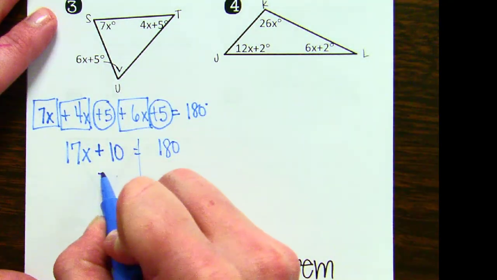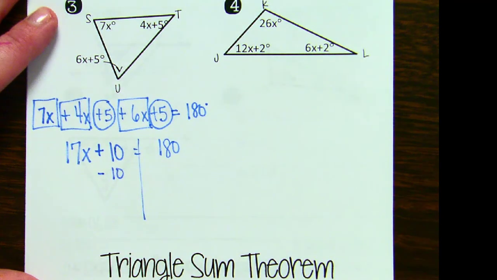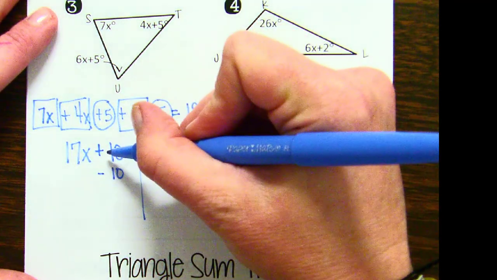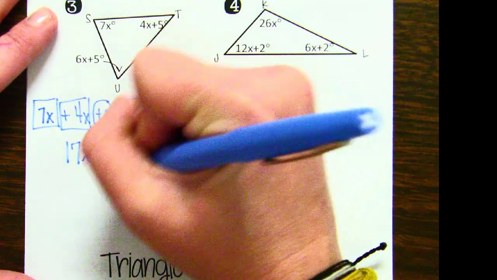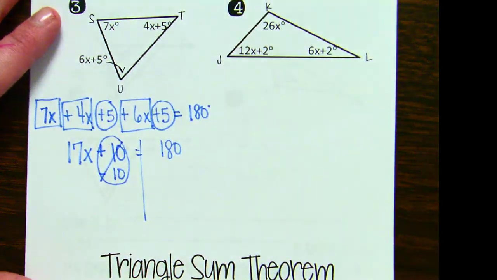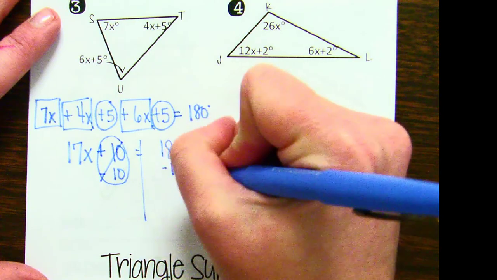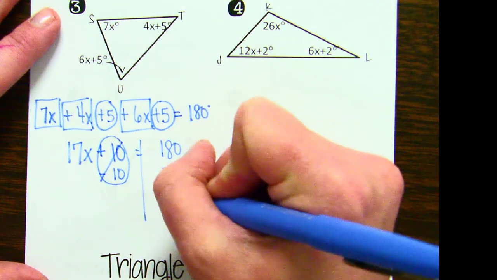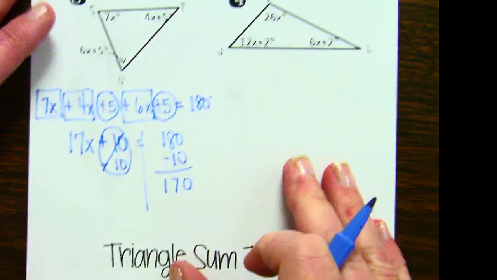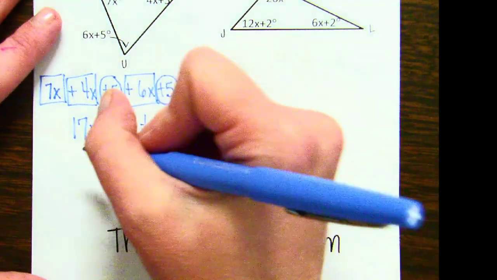First, I'm going to eliminate my constant, 10, by subtracting 10. That makes a 0 pair. I got to do the same thing on both sides to keep my equation balanced. So 180 minus 10 is 170.